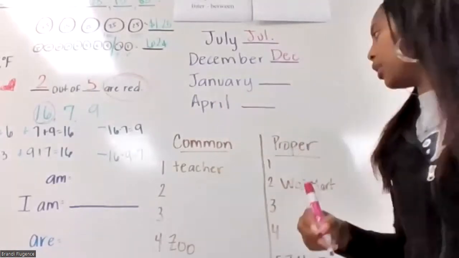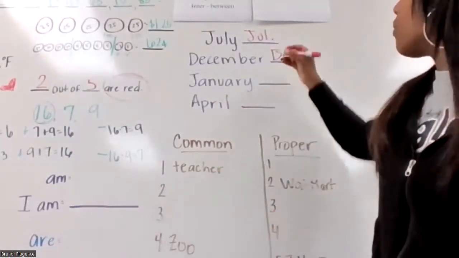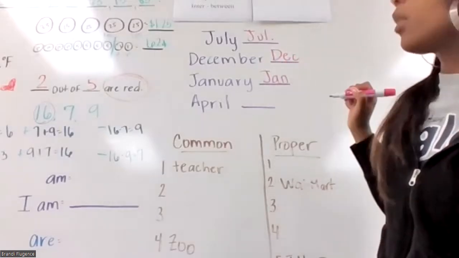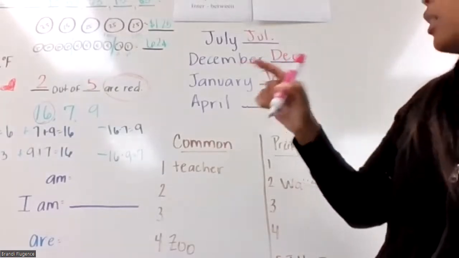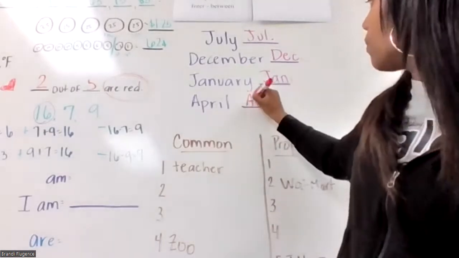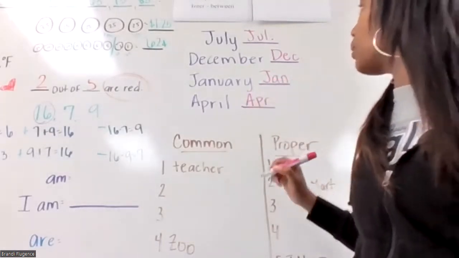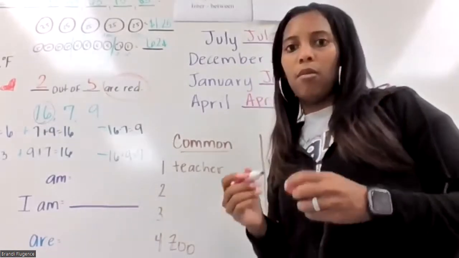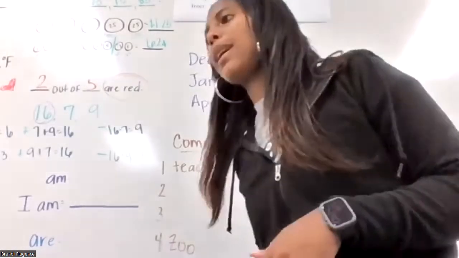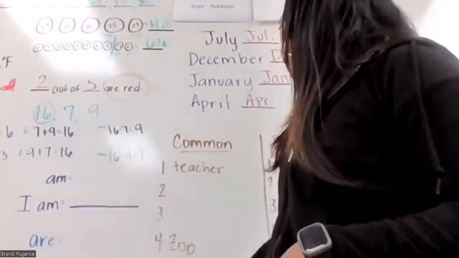January: capital J-A-N dot. And April: capital A-P-R dot. Good. Those are how we abbreviate the months. We put the first 3 letters, always capitalize it, dot at the end.